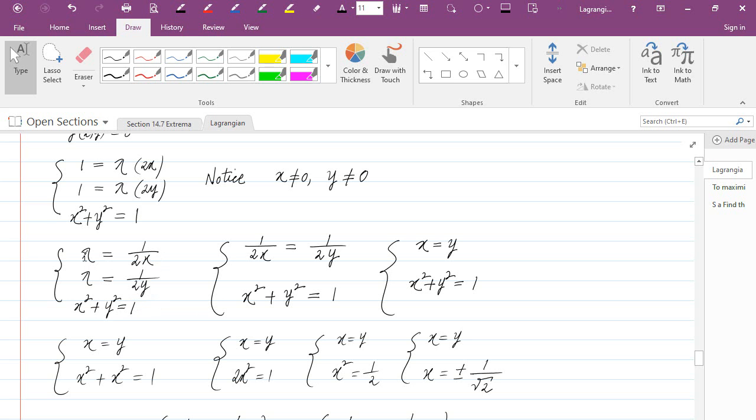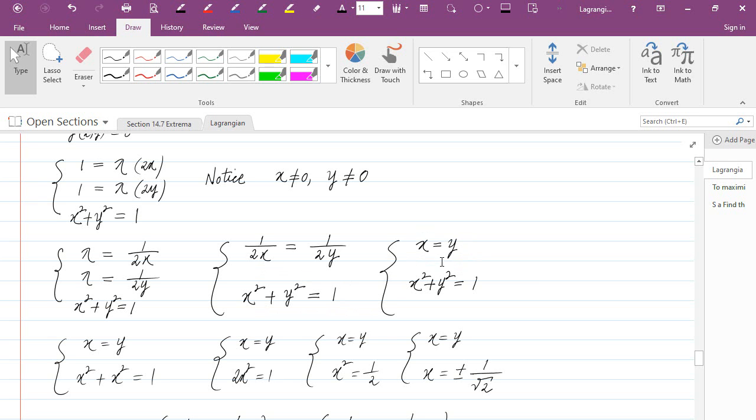Now, 1 over 2x and 1 over 2y both are values of lambda, so 1 over 2x is equal to 1 over 2y, which simply means that x and y are equal.